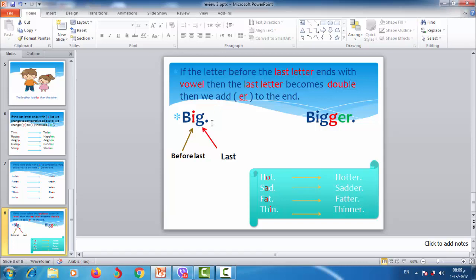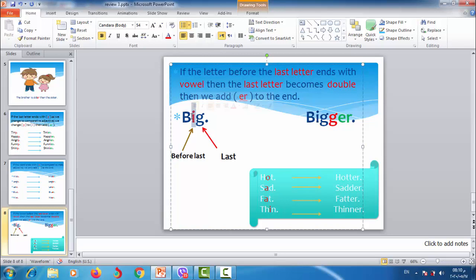This example clarifies more. Look, this is before last and this is last. Then if the letter before last is one of the vowels, how many vowels do we have? 5 vowels we have.